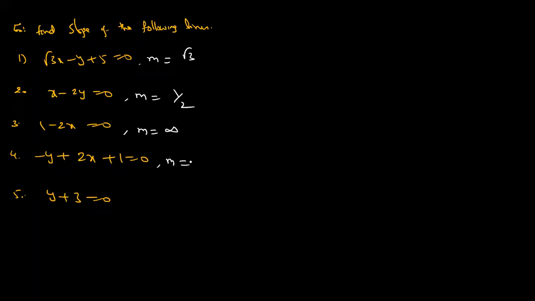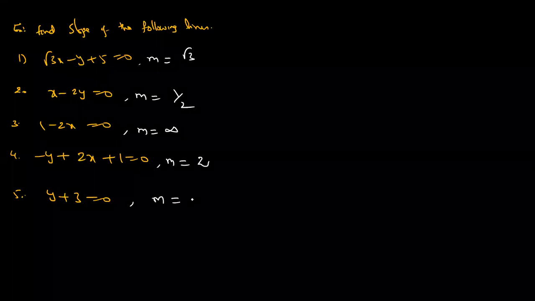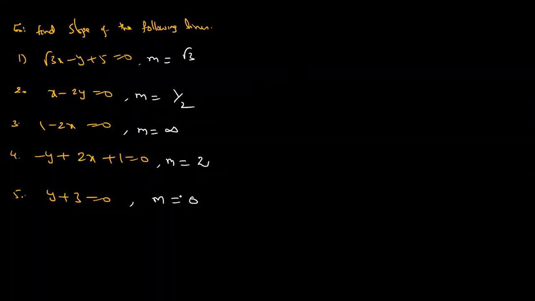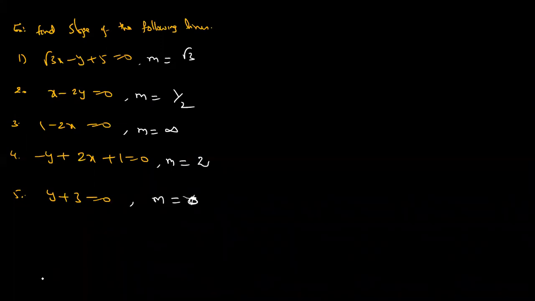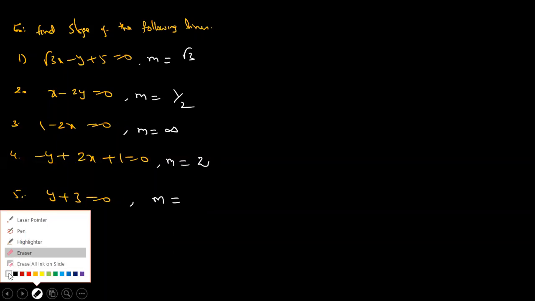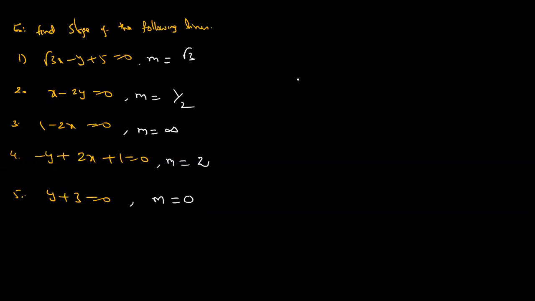In this case, what is the slope? 2. In this case, what is the slope? 0. Yeah, correct. Now we will discuss how to find the angle between these two lines.